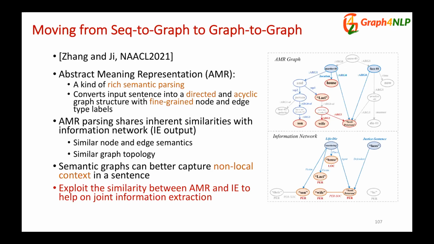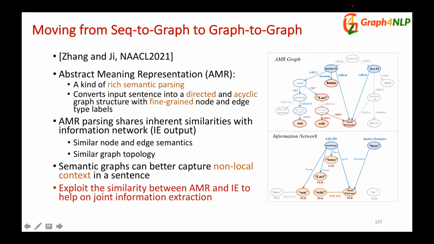Abstract Meaning Representation is a special way of getting the semantic graph of an input sentence. You can think of this as a combination of semantic role labeling and dependency parsing, but it includes much richer labels for the edges and nodes. There's a dataset there, and there are many AMR parsers you can use. So we can convert a sentence into an AMR graph that will look like this.